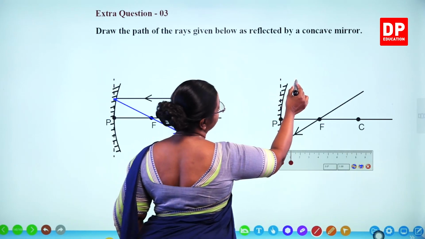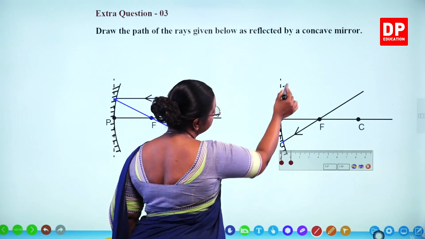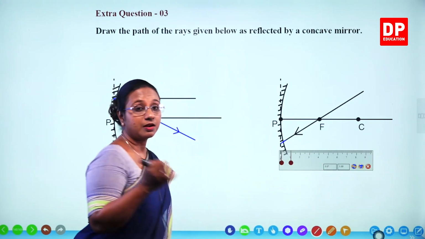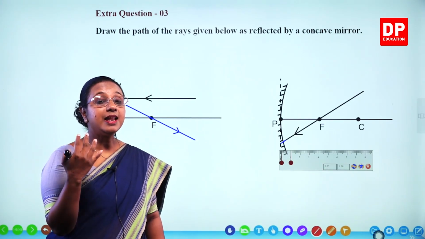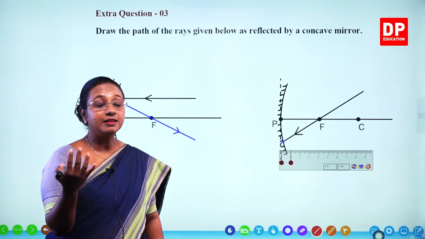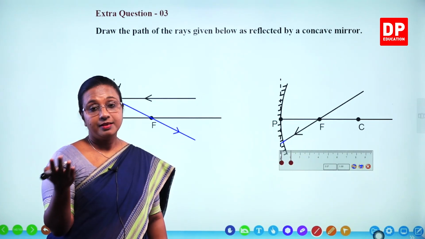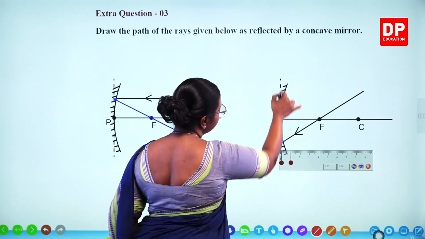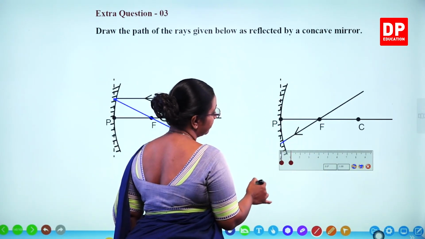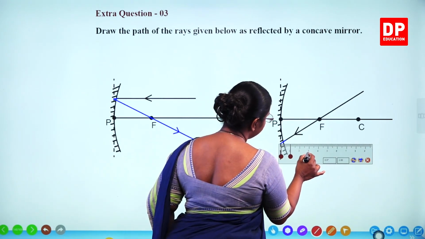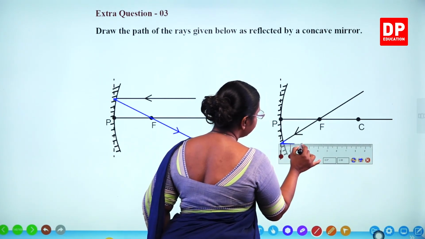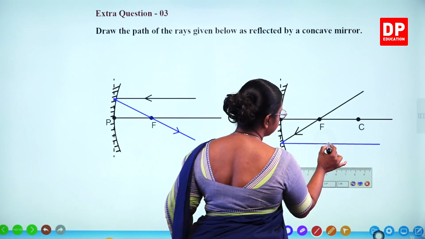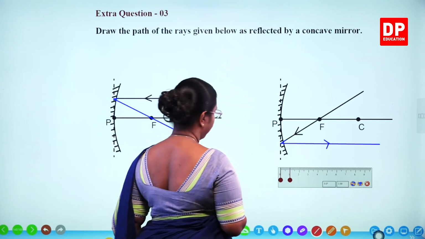Otherwise, one person can draw the mirror, the curvature like this. Another person will draw a mirror with a higher curvature. Then at the point where you reflect the ray might vary. Then you won't get the correct ray diagram. So always we reflect it on this line. So this has to reflect parallel to the principal axis. So that is the reflected ray.